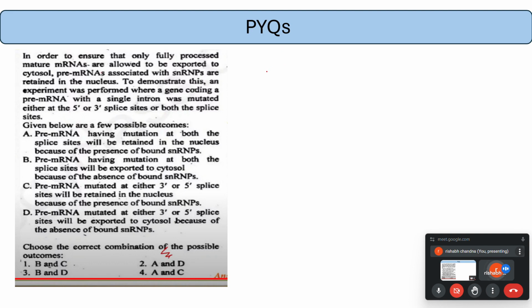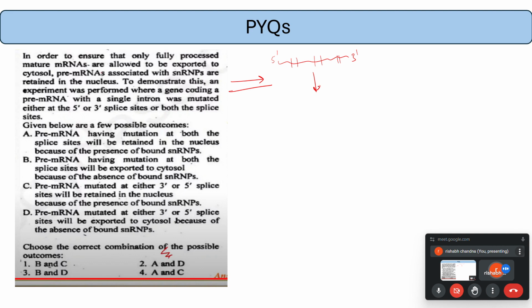here during the transport, as we have seen, the fully processed. So this is the primary RNA which has subsequent introns in between the exons.